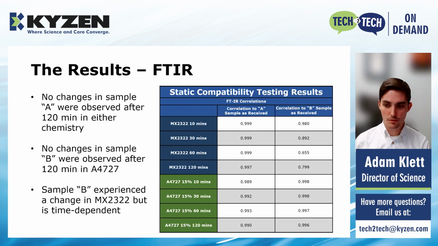Those 4 rows show us that the correlations are very close to 1 and that there's no chemical change in the material between the as received and the tested material. But if we look at the correlation of sample B to the as received for the MX2322, we do see that over time, that correlation does start to drop, which tells us that there might be some chemical changes that are happening over the course of about 2 hours.